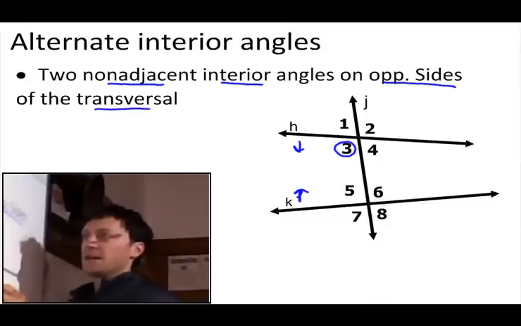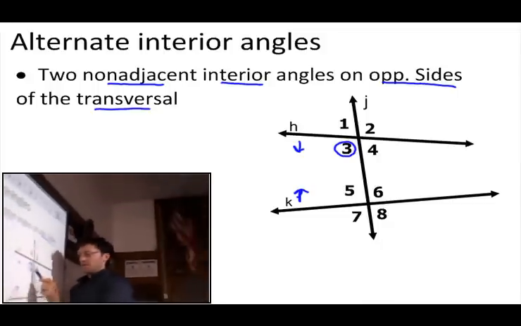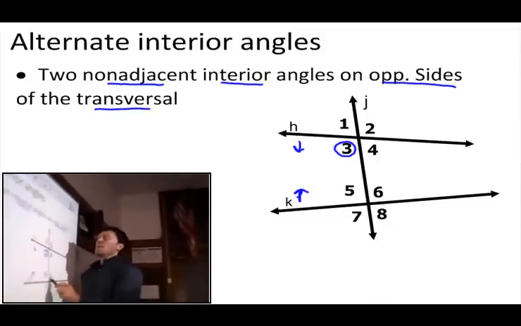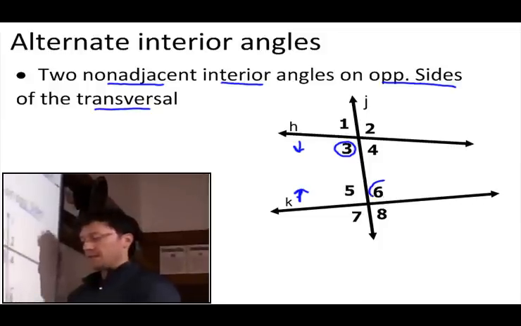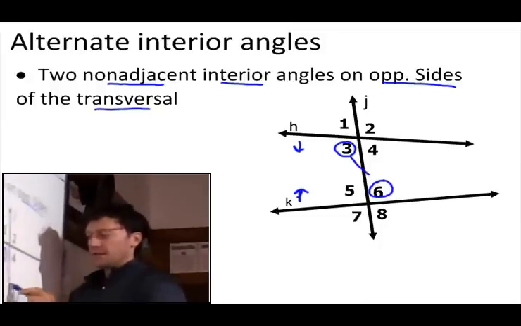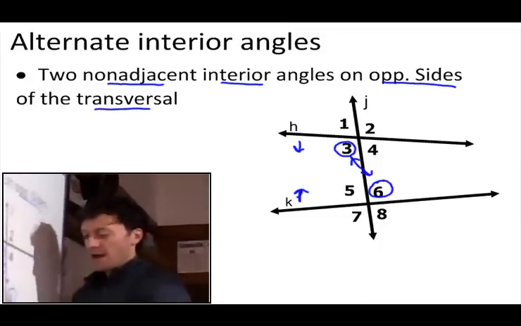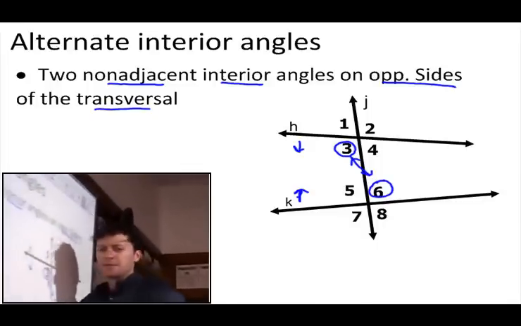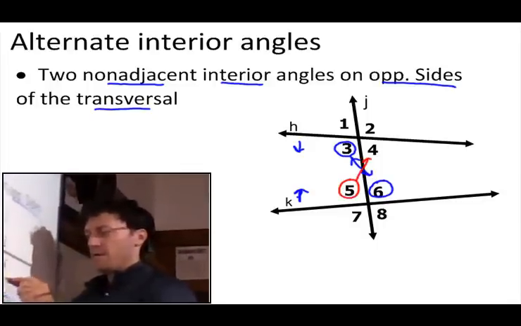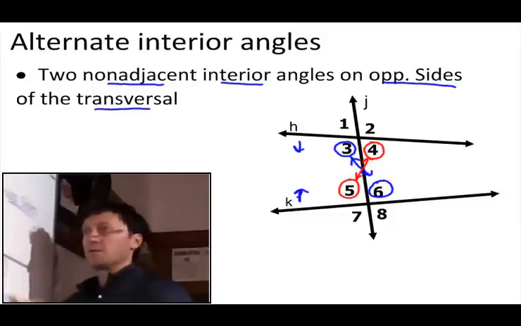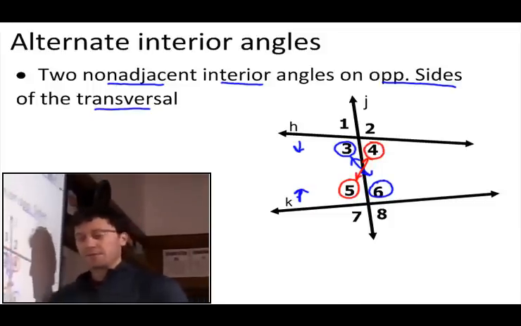The non-adjacent angle, it's not 4, so 5 and 6 are non-adjacent, but which one is on the opposite side of the transversal? Well, that's 6. So 3 and 6 are alternate interior angles. And then at the same time, 5 and 4, those are alternate interior angles.